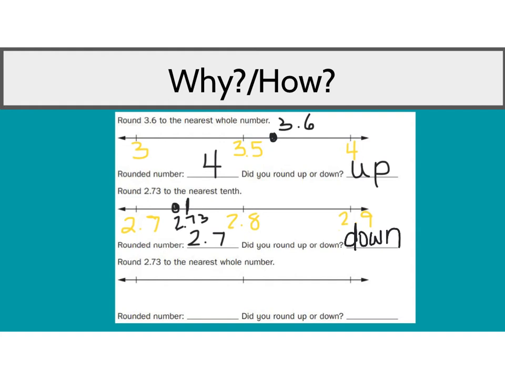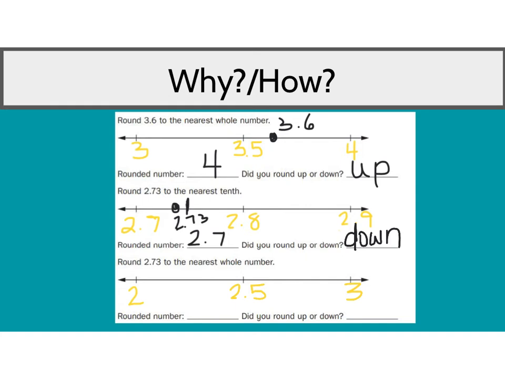Okay, so let's take a look at our third problem. Round 2 73/100 to the nearest whole number. So this time we're going to round to the nearest whole number. So thinking that this is going to be 2, this is going to be 3, this would be 2.5 once again.